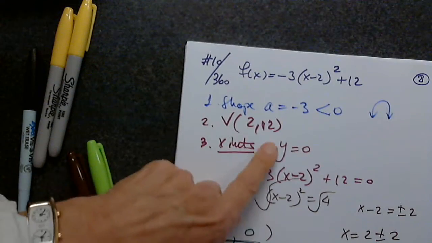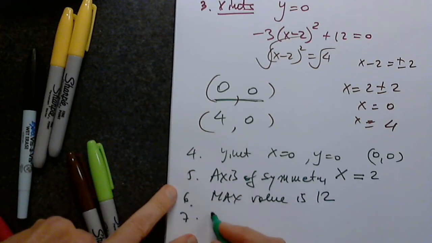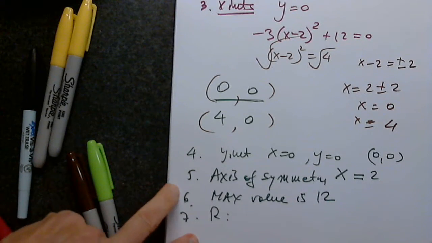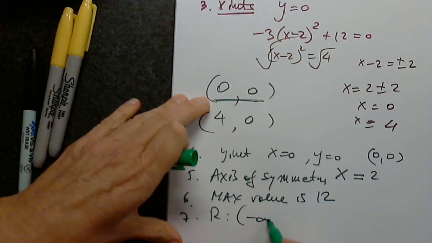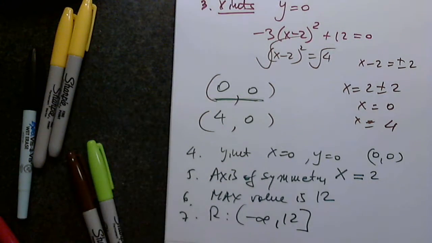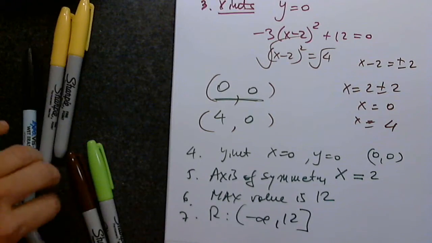Yes, because it's this. Very good. And now I want the range. You can say the range even though we haven't graphed it, because we already have the graph in our head. Negative infinity to 12, awesome. Perfect.